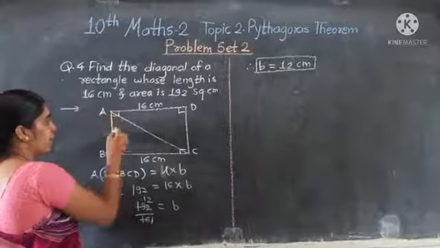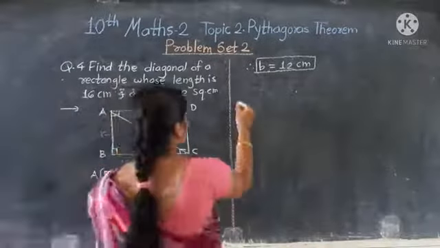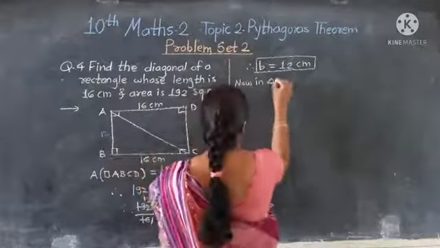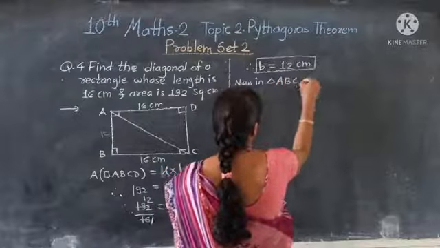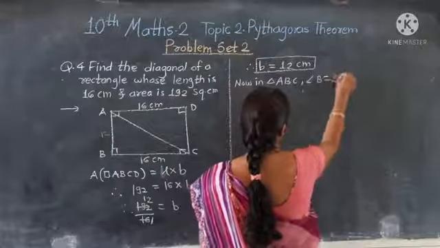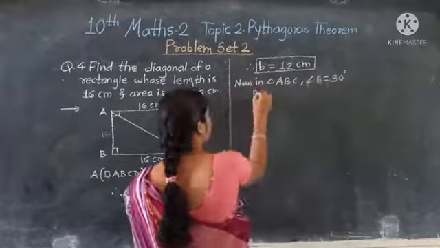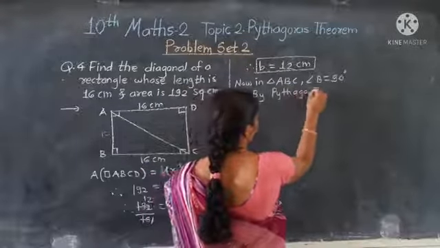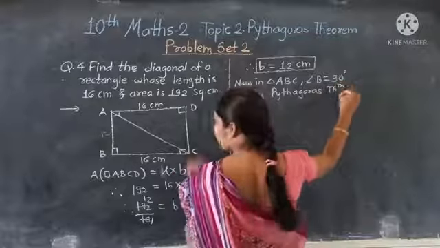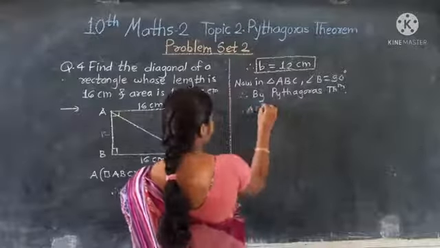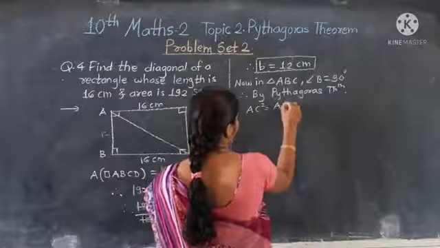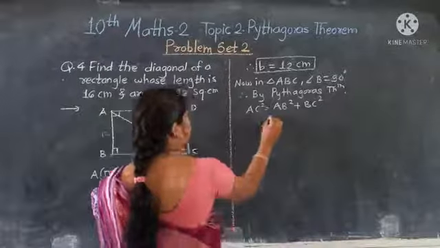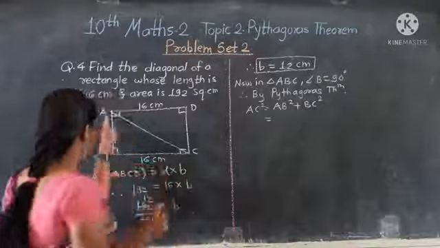Now we want the hypotenuse, the diagonal. Now in triangle ABC, angle B is 90 degree. Therefore, we can use Pythagoras theorem. By Pythagoras theorem, you can write AC square is equal to AB square plus BC square. Okay. So AB means breadth.